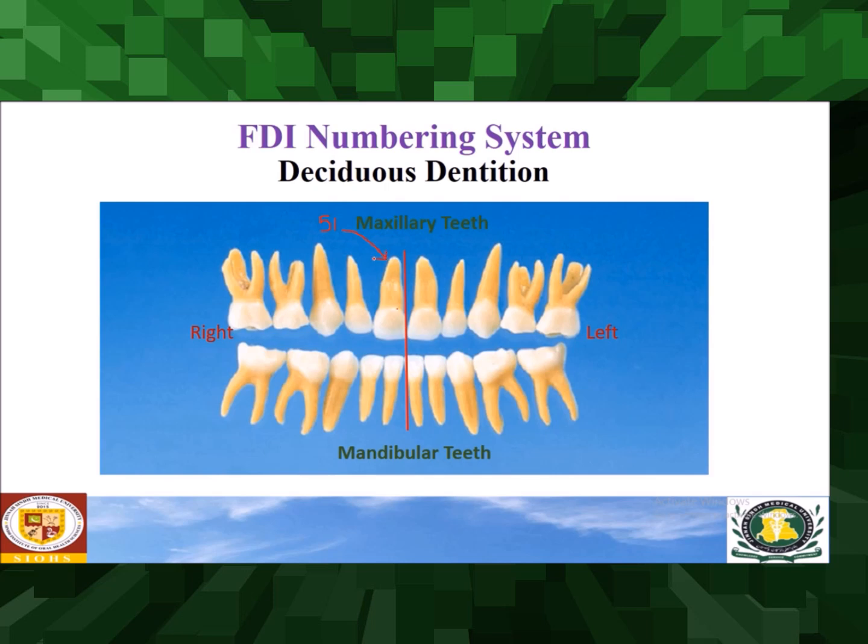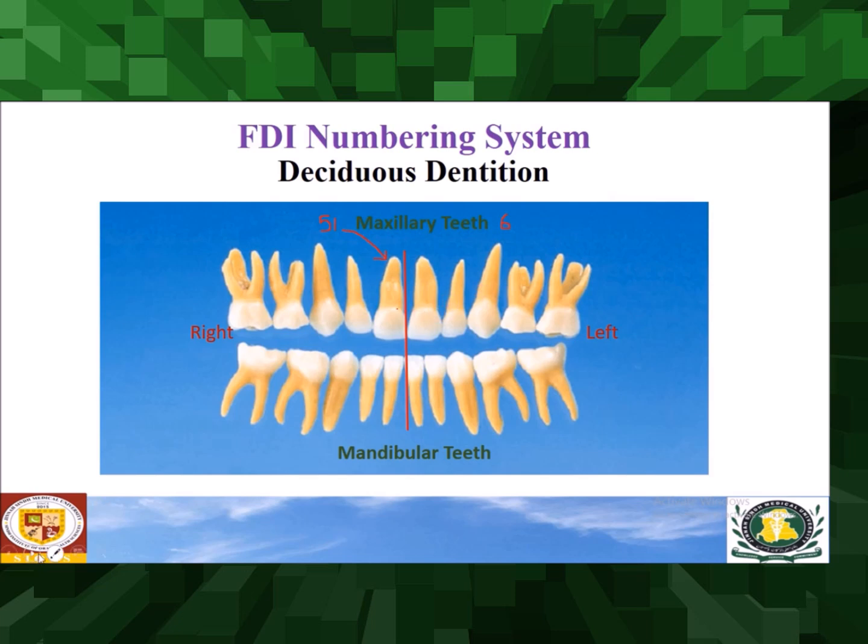The maxillary left canine. This tooth is the maxillary left canine. This is the central, this is the lateral, and this is the canine. The maxillary left quadrant is represented by the number 6, and this tooth is the third tooth from the midline: 1, 2, 3.